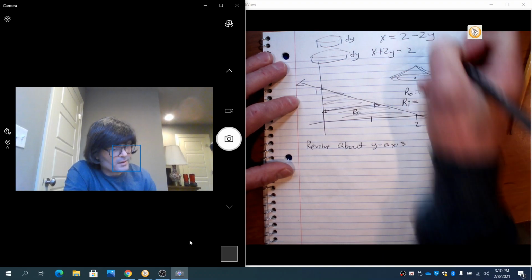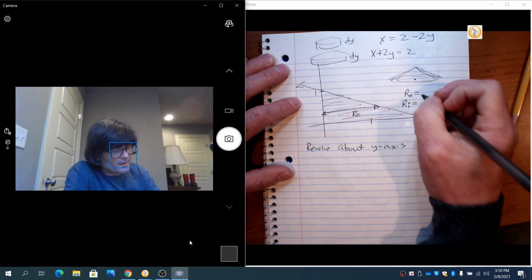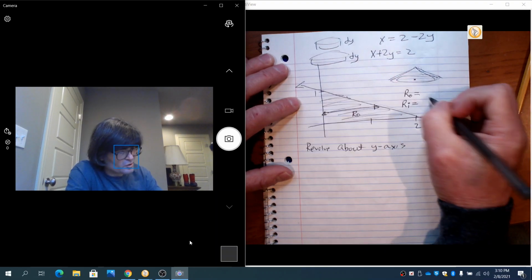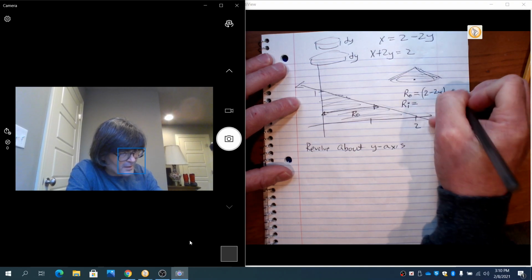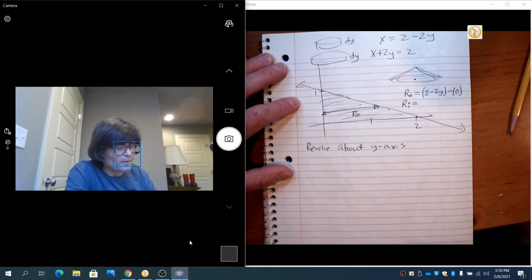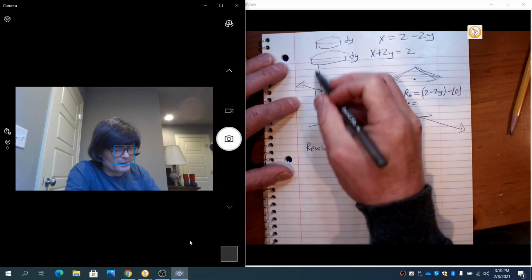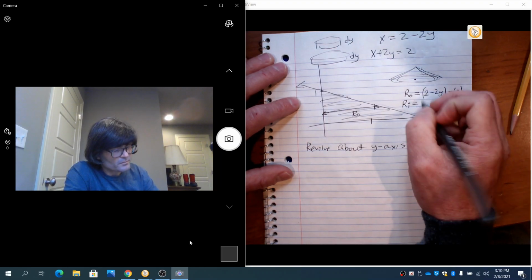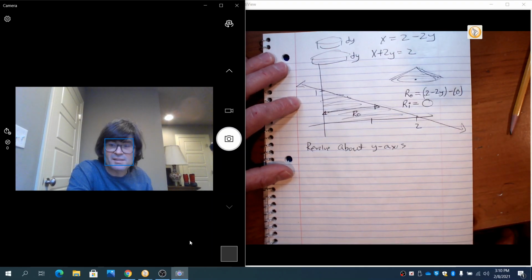So that's your equation this time. And the outer radius is going to be the right minus the left, which is 2 minus 2y, and then effectively minus 0 if you did right minus left. This is the line x equals 0. For the inner radius, it's 0, so I don't really need to write that down, but for consistency, I will.